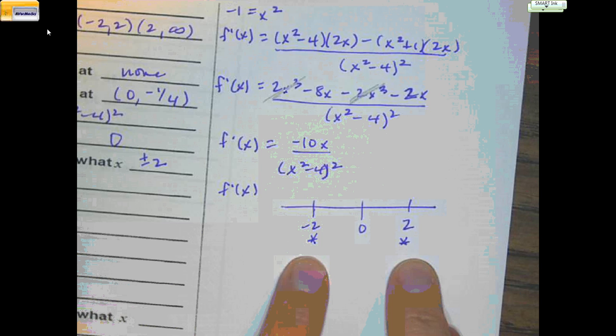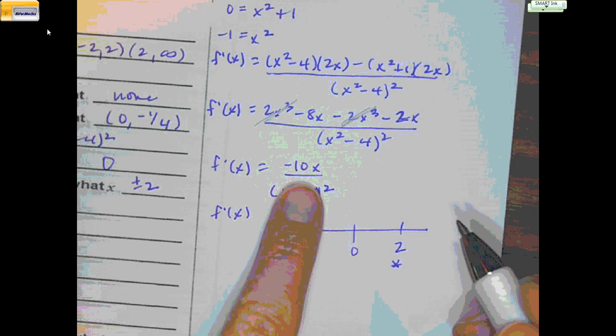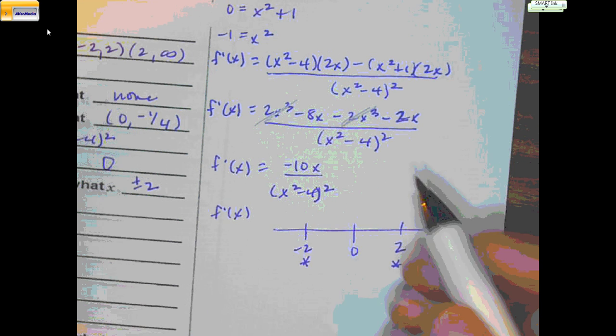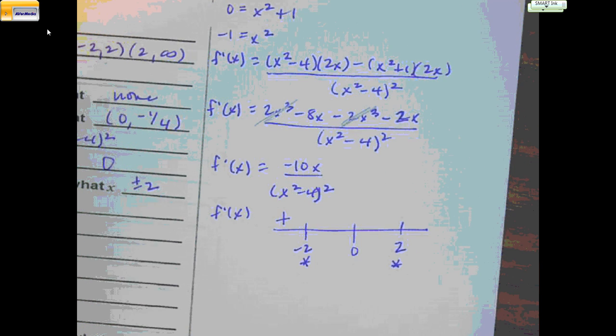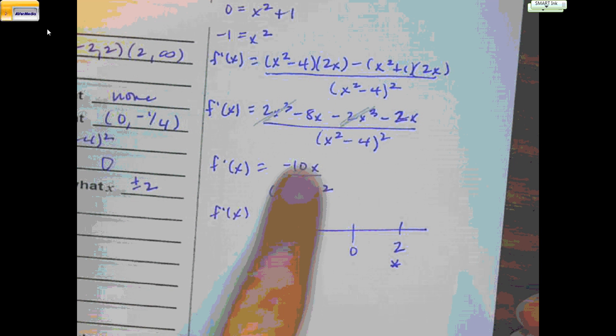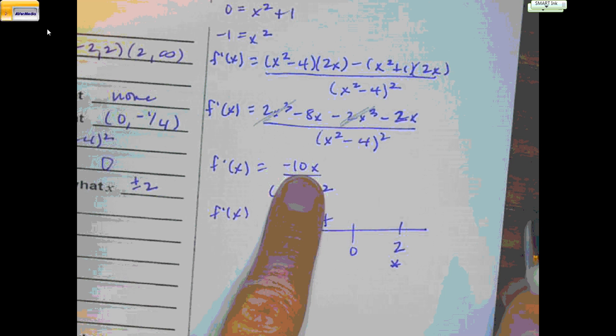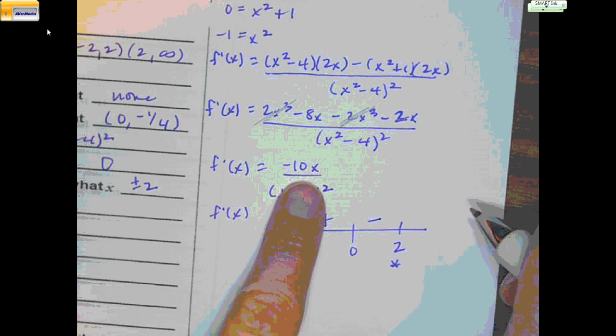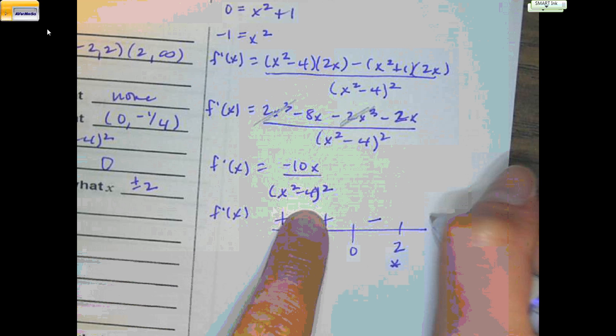If I take a negative 3 and I plug it into the derivative, I have a negative times a negative, so I have a positive on the top, and the bottom is definitely going to be positive because we're squaring it. So we wind up with a positive. If I put in a negative 1, same kind of process. It's going to give me a positive. If I put in a positive 1, the top becomes a negative over a positive is a negative. Put in a positive 3, the top is a negative divided by a positive, so we have a negative.